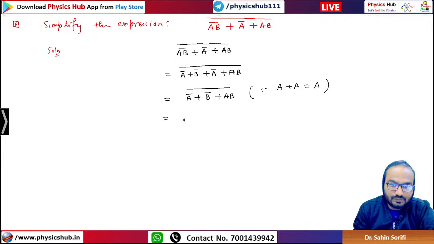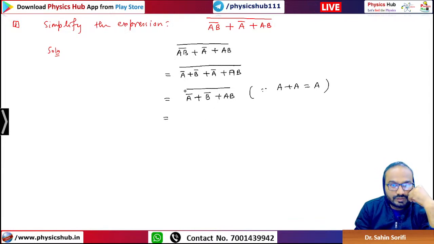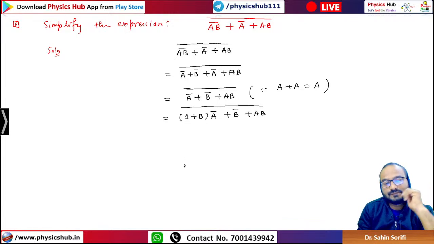Now, what is A complement? Look, we need B somehow. We have B complement. So for A complement, we can imagine that 1 is multiplied. So if you do 1 plus B, times A complement, then we will get some formula this way.